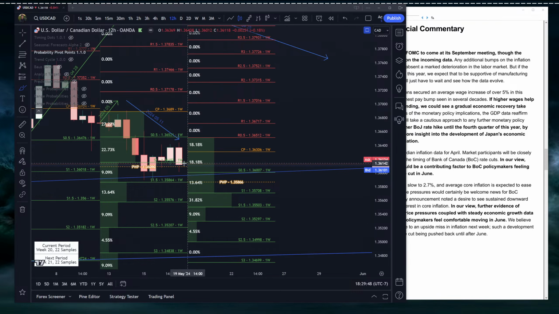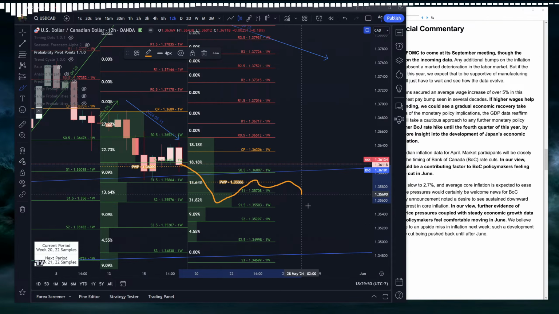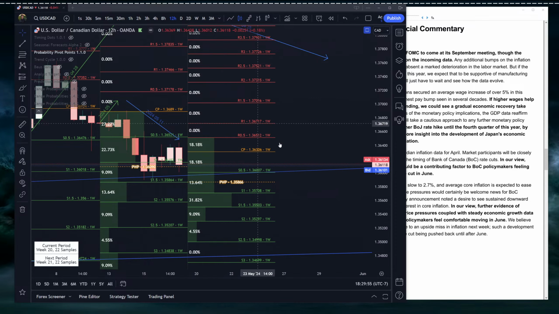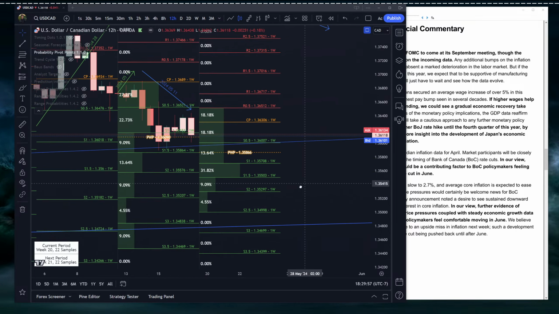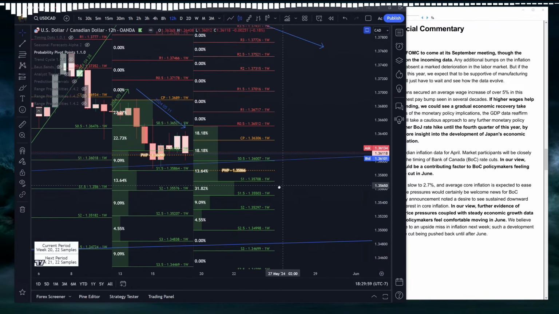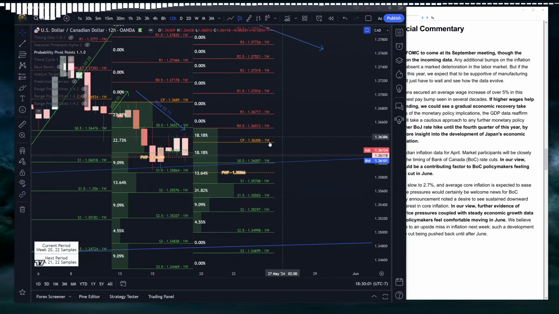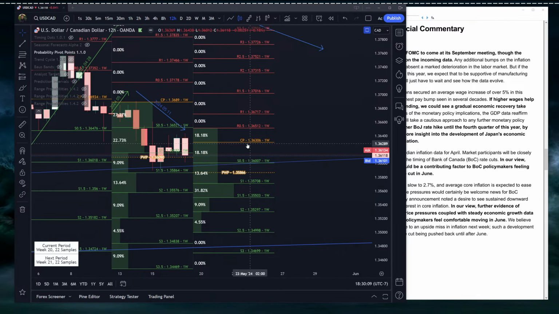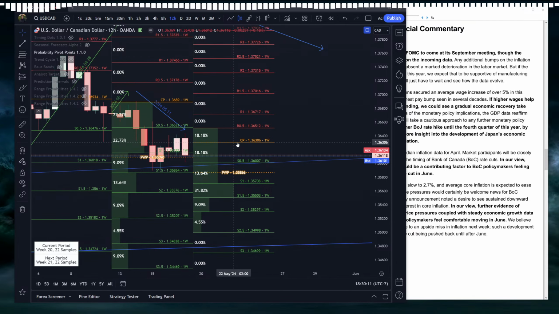I meant probably something along the lines of that. This would be Canadian dollar stronger. So I would be looking for shorts probably towards the end of next week on the Canadian dollar after the inflation print.